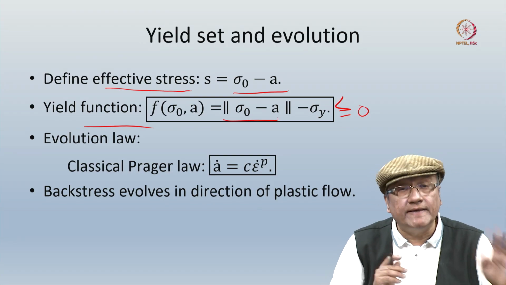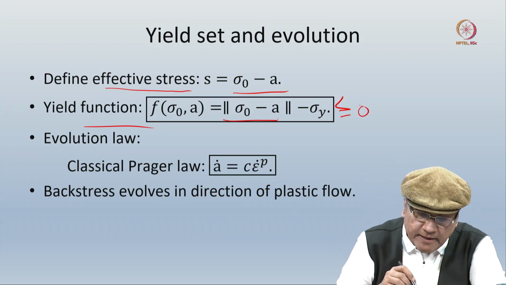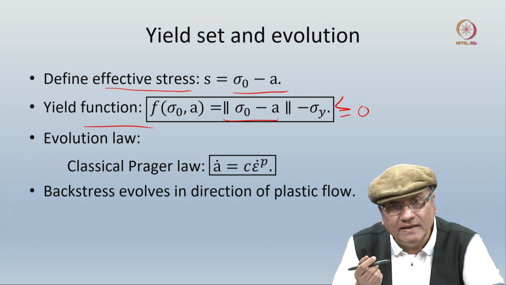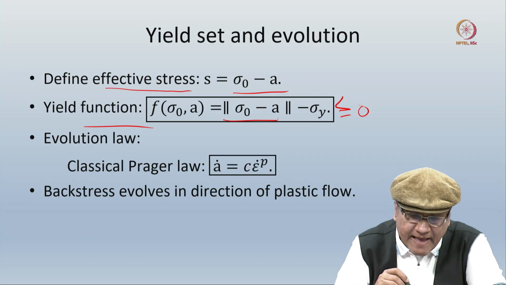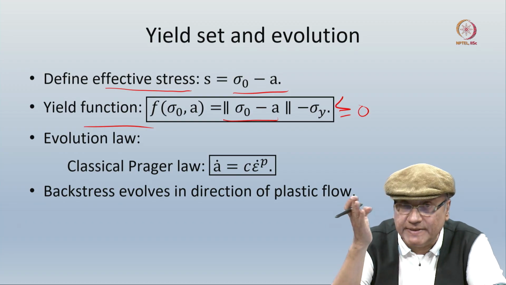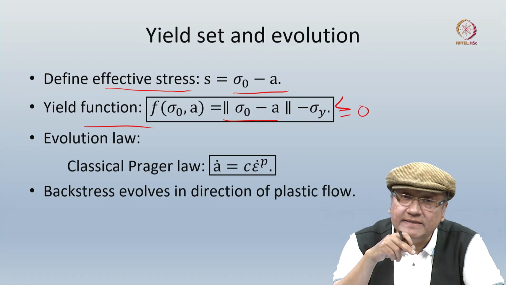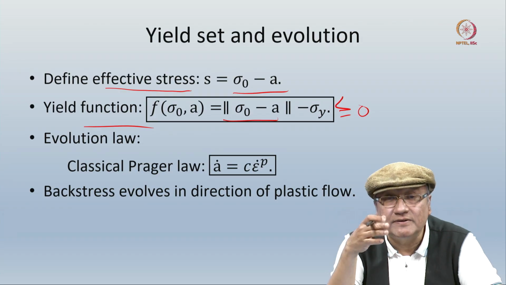This evolution law, again as with isotropic hardening, we relate the evolution of A with plastic strain. Again note that this relationship is algebraic only in the rate space. This implies that it is not algebraic upon integration, because an integration is pending.